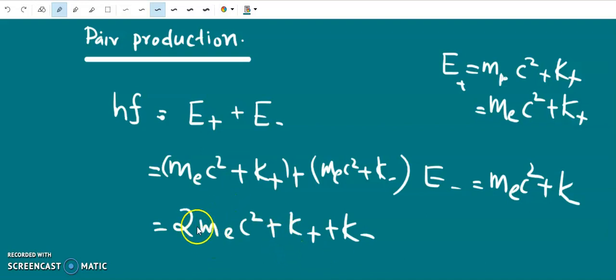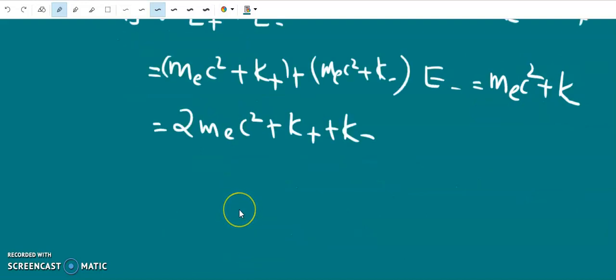We know that m_e c squared is equal to 0.511 million electron volt, and therefore 2 m_e c squared is 1.02 million electron volt, which is the minimum energy for the pair production process.